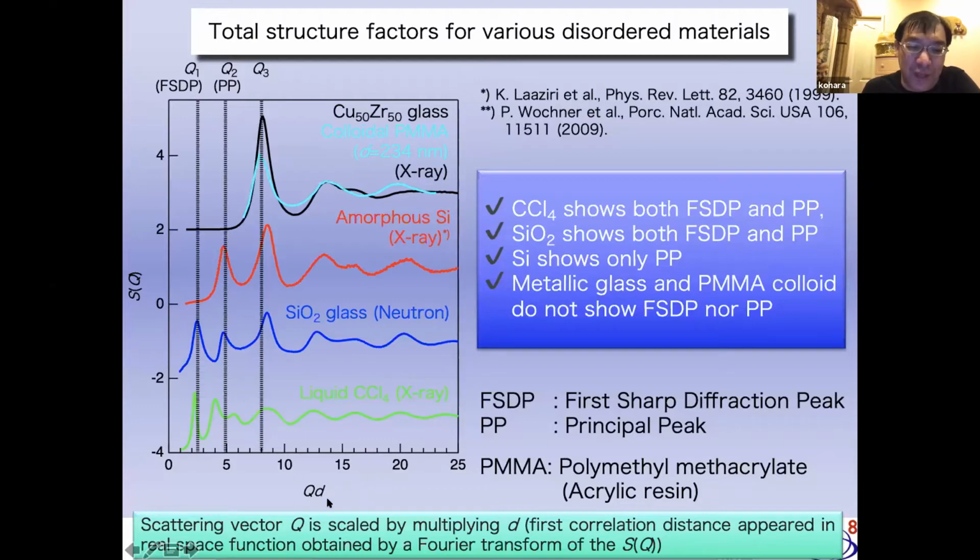However, if we scale the Q by the first correlation distance in real space, colloidal PMMA and metallic glass have a very similar shape. They are really hard sphere models, in which we cannot see obvious chemical bonds. But these others have more chemical bonds: silicon, silica, and carbon tetrachloride.